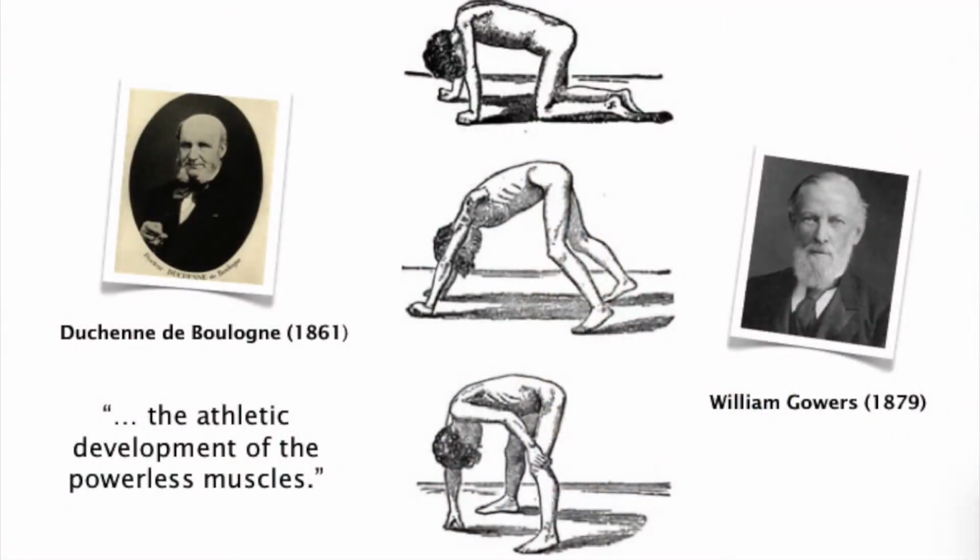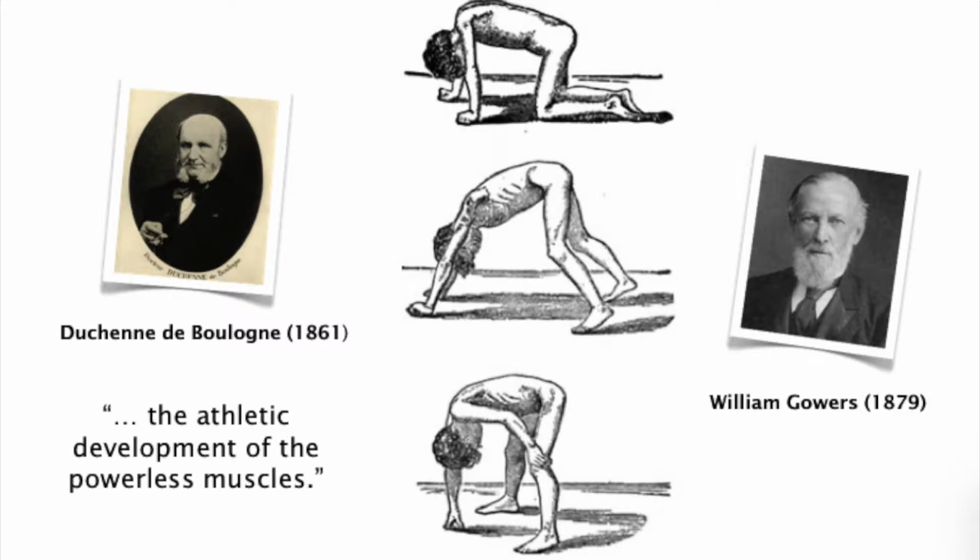I want to just start off with an introduction to say that this disease that we are all focusing on today began in 1861 with Dr. Duchenne de Boulogne, and he described boys with muscle weakness as well as a very bulky, almost powerful looking appearance to their muscles.